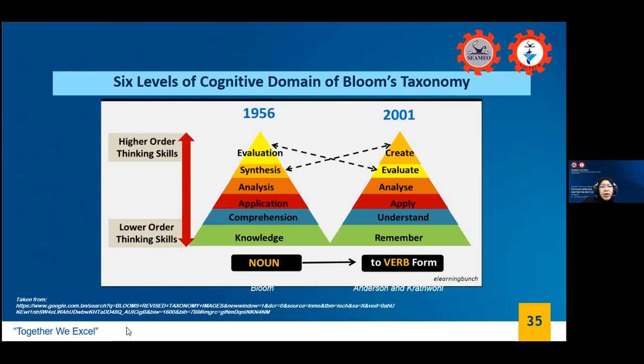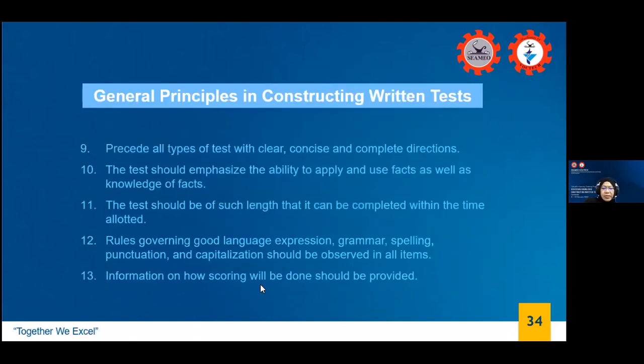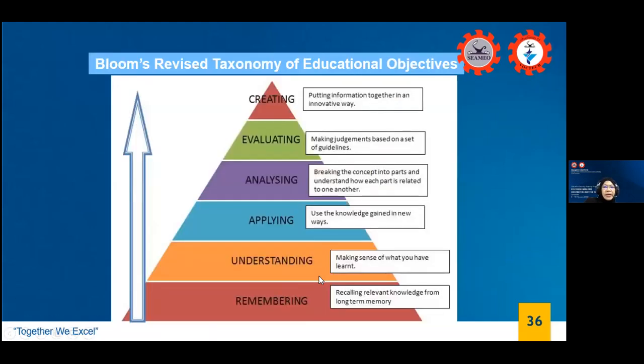When you see the word HOTS, you're talking about higher order thinking skills, yeah? And when you see LOTS, you're talking about lower order thinking skills. Okay, and then you notice here, oopsie, sorry, my computer.